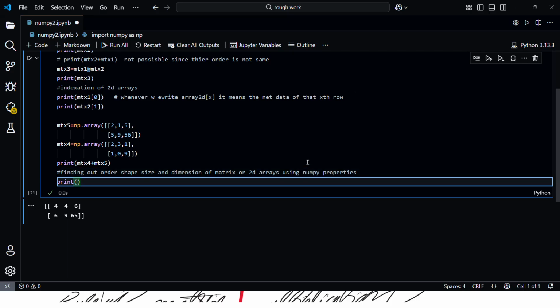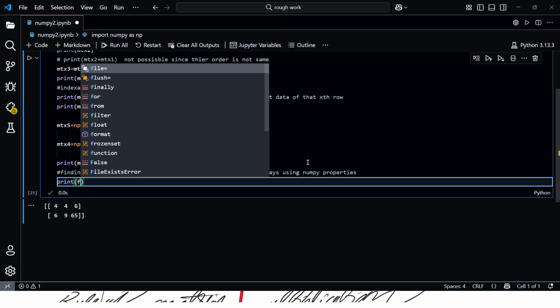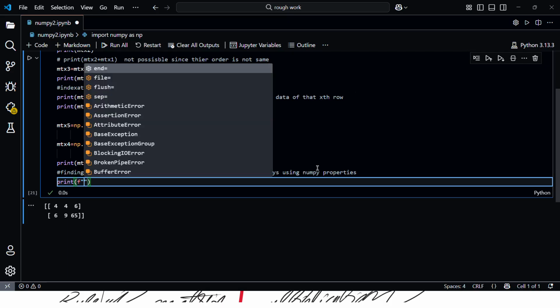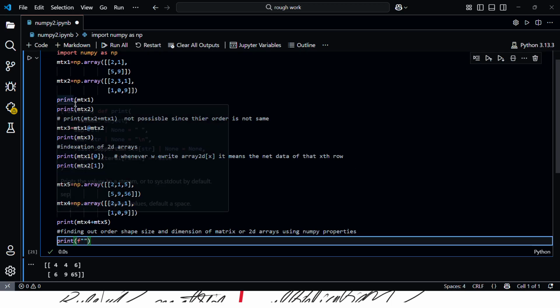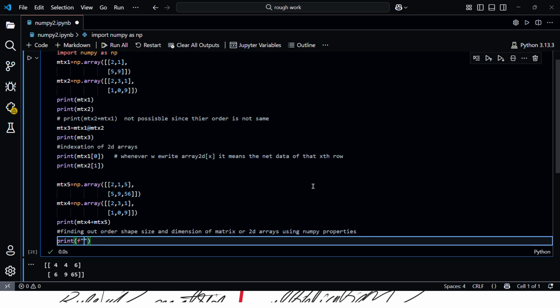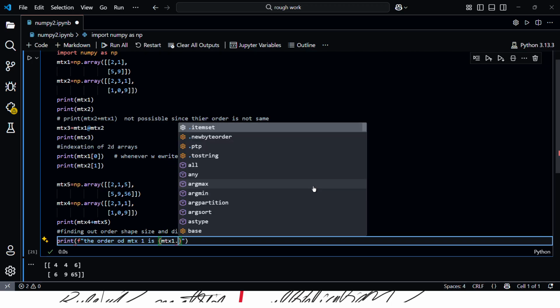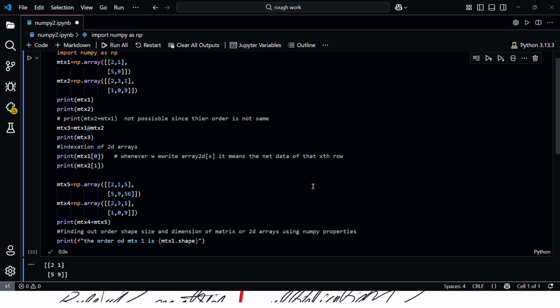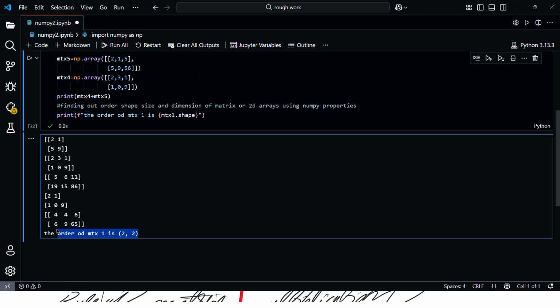Let's find out the shape, I mean the order. The order of matrix 1 is matrix 1 dot shape. So the order of matrix 1 is 2 cross 2.